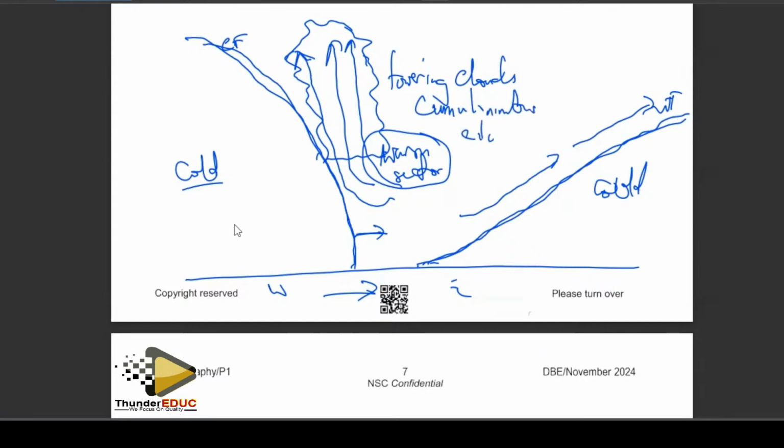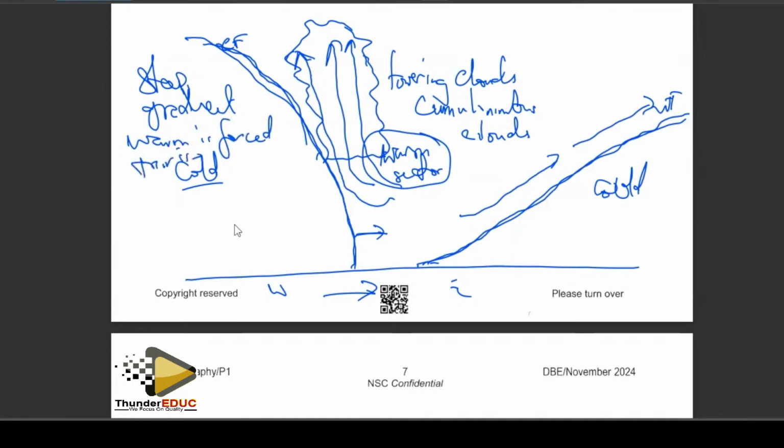So in your explanation, the question is saying, how does front at A give rise to the formation of cumulonimbus clouds? Explain the steepness of the cold front. The cold front has got a steep gradient. And what is the implication of the steep gradient? Warm and moist air is forced to rise steeply.